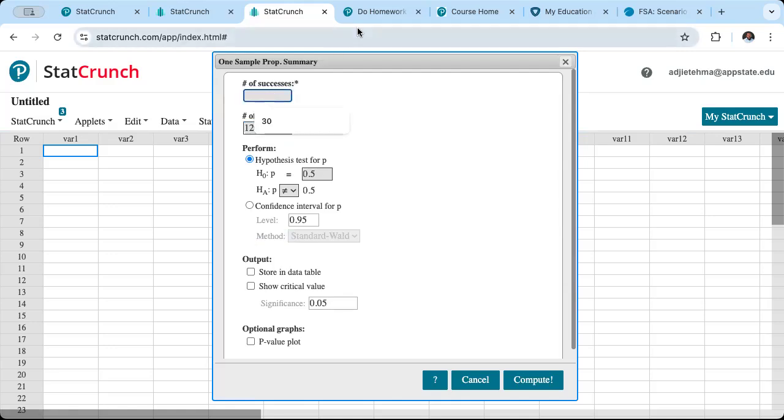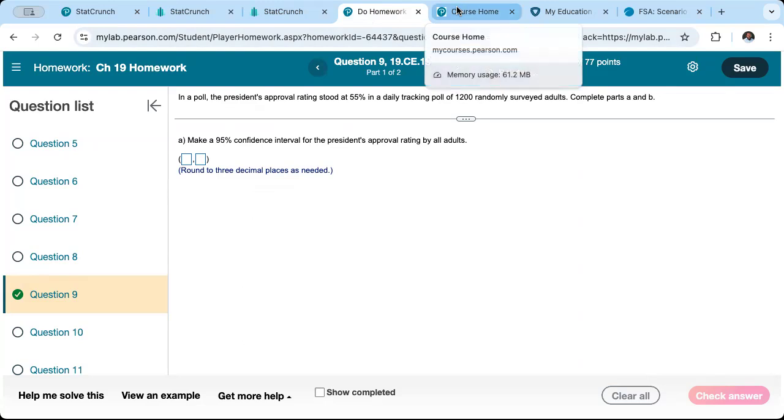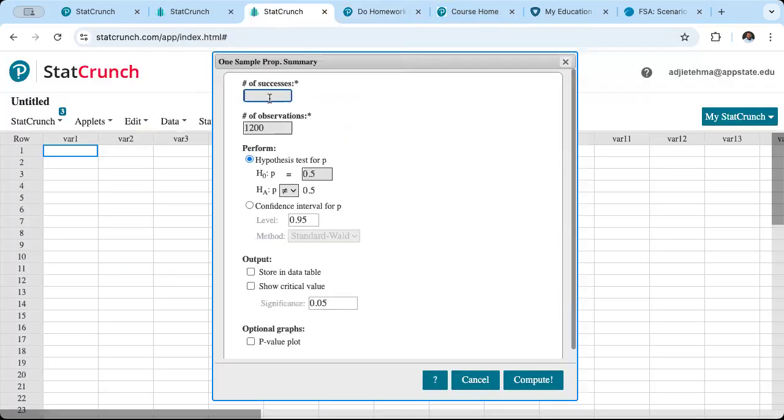What is the number of successes? To find the number of successes, multiply 55% by 1,200. And in the earlier class, one student showed us a trick. Just do 0.55 here and do times 1,200. Or for me, I prefer to use my calculator to do that. Is that okay?